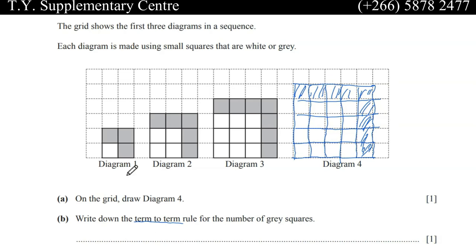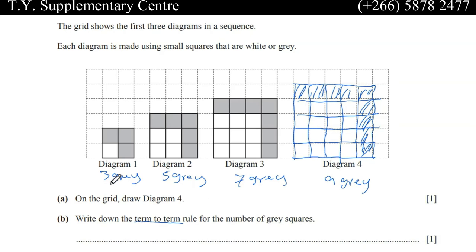So we can see that we have three gray boxes here, and then here we have 3, 4, 5 gray squares, and then here we have 1, 2, 3, 4, 5, 6, 7 gray boxes, and then here we have 9 gray boxes.